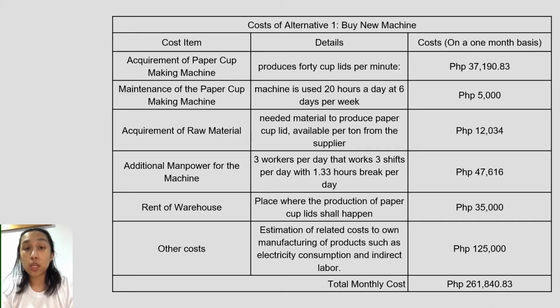So as you can see, this is the cost of alternative 1, which is buy new machine. It includes details such as the acquirement of the machine itself, where the machine would be stored, who would be handling the machine, and other related costs to place and maintain a machine.